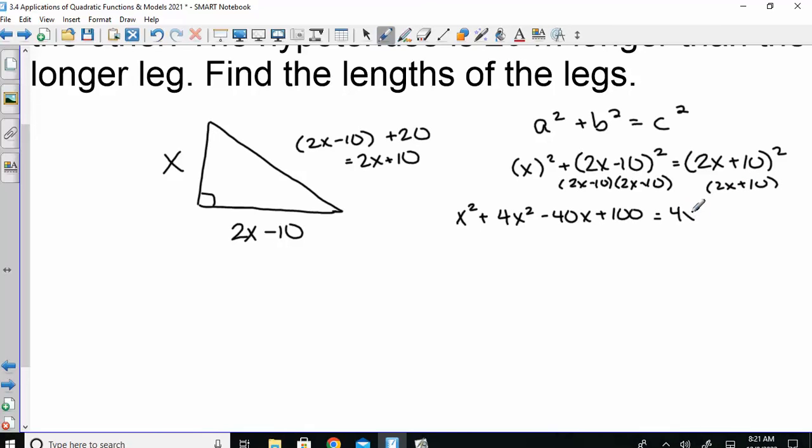If we FOIL, we get 4x squared plus 20x and plus 20x, that's 40x, plus 100. And we could combine like terms, so that's a 5x squared. We cancel.